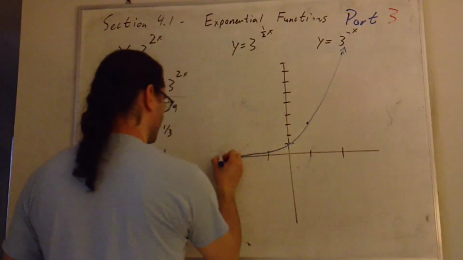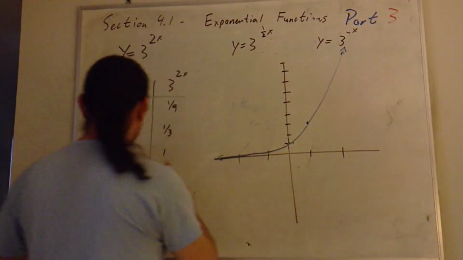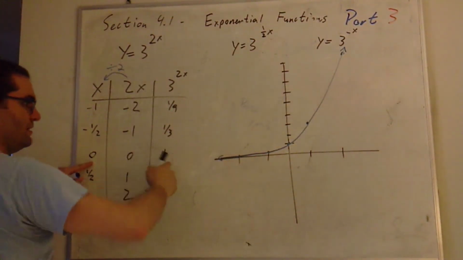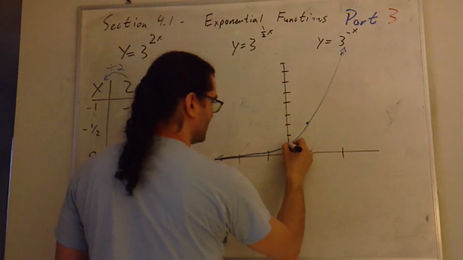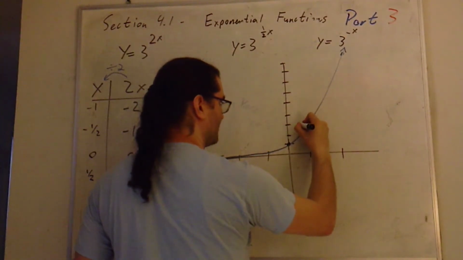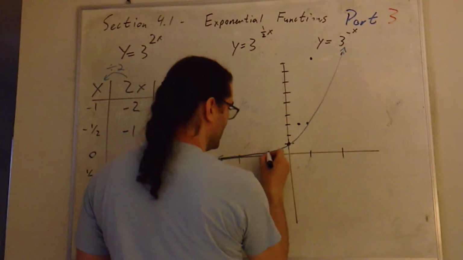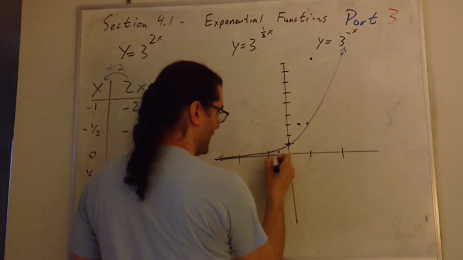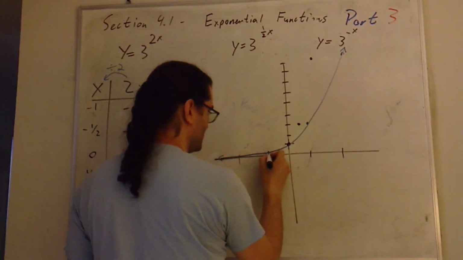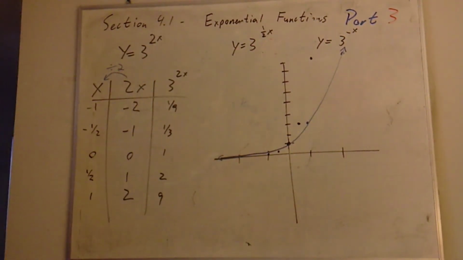There's the base graph. Transformed graph has the same intercept. It's going to hit this point at 1/2 instead of 1, and it's going to hit this point at 1 instead of 2. It's going to hit this point at -1/2 instead of -1, and it'll hit this point at -1 instead of -2.